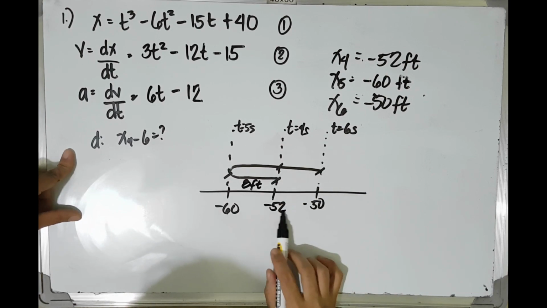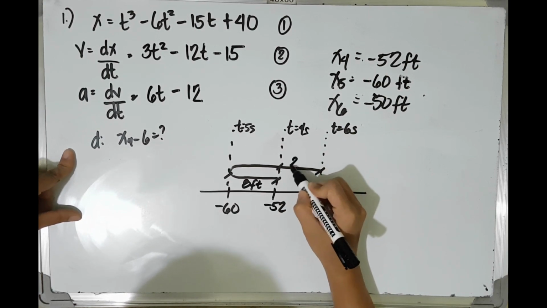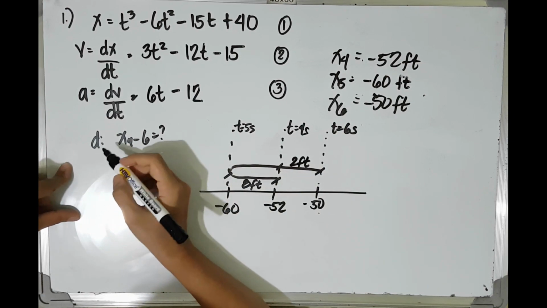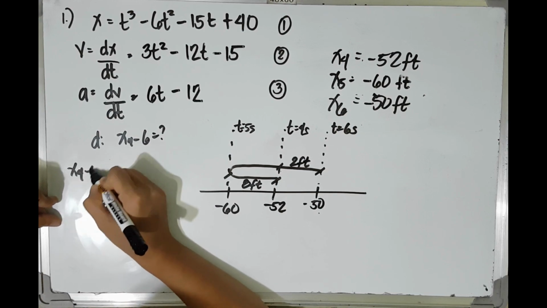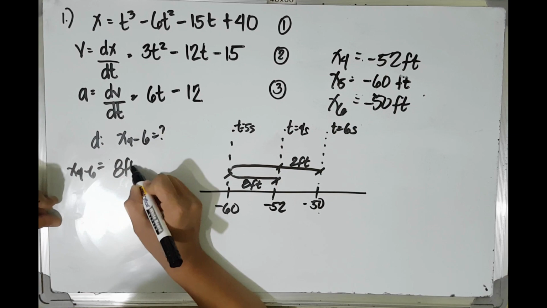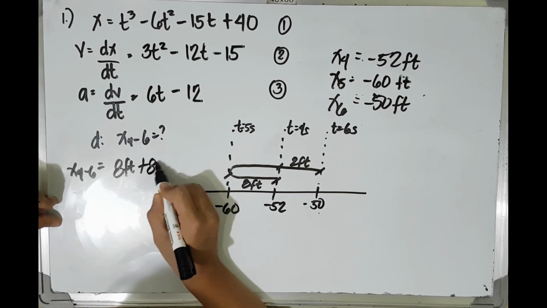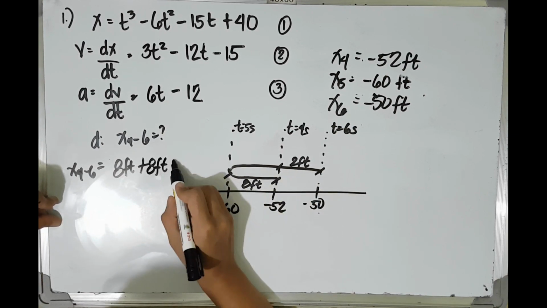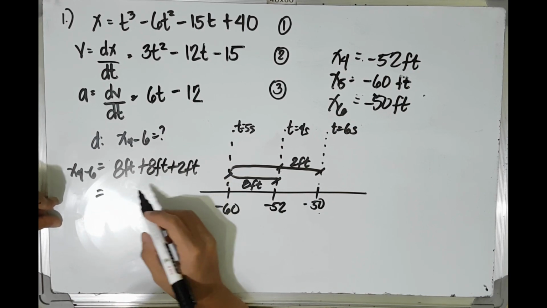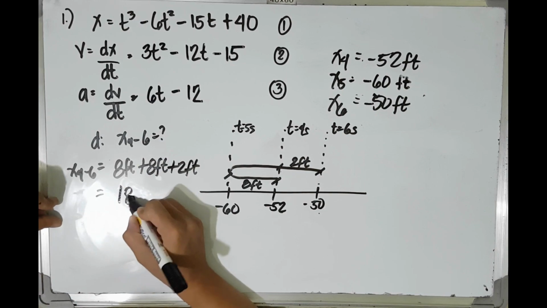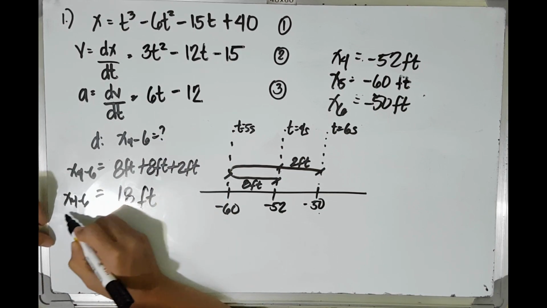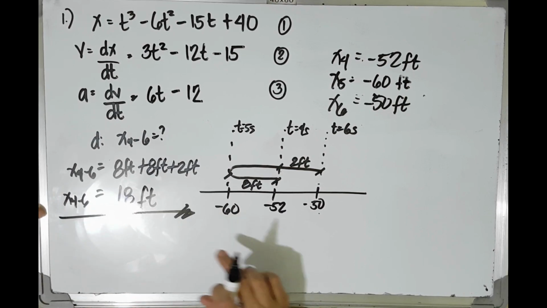We have here a 2 feet difference. Therefore, the total distance would be equal to 8 plus 8 feet plus 2 feet. So it is equal to 18 feet. That is the total distance traveled from the 4th second to the 6th second.